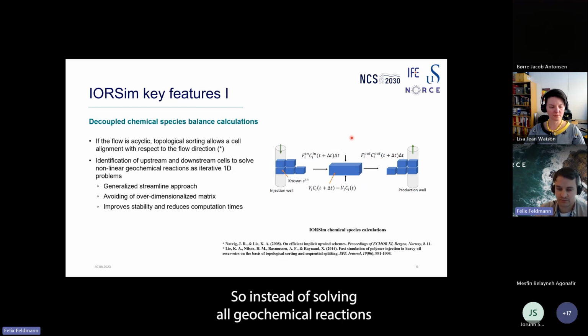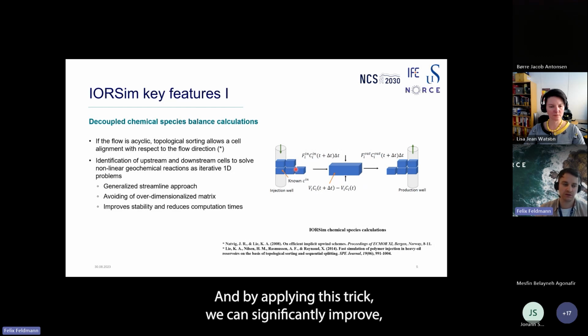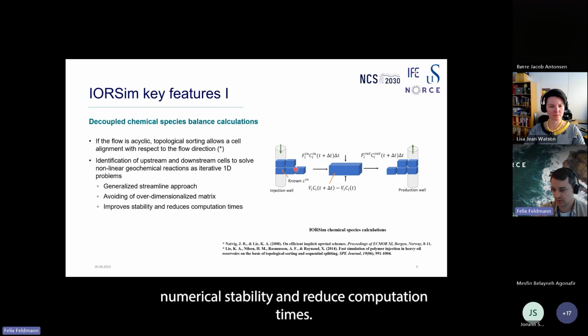Instead of solving all geochemical reactions simultaneously, IORSim is decoupling the reservoir fluid flow and aligning the cells along flow direction, and then IORSim can solve the geochemical reactions subsequently as iterative 1D problems. By applying this trick, we can significantly improve numerical stability and reduce computation times.